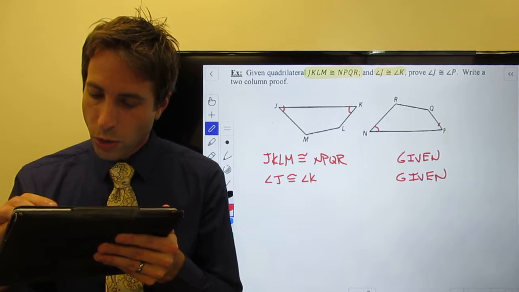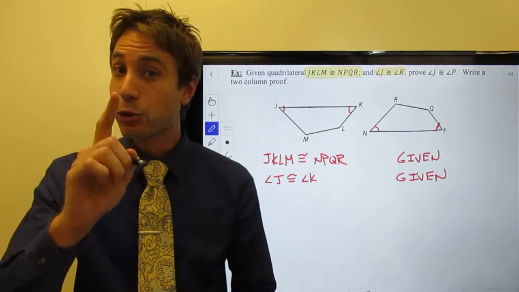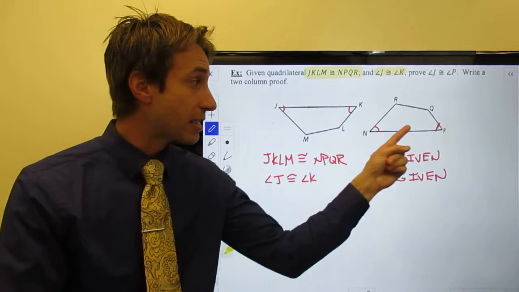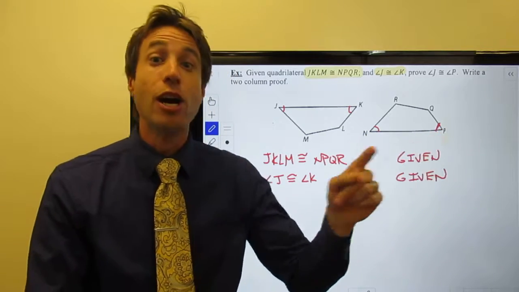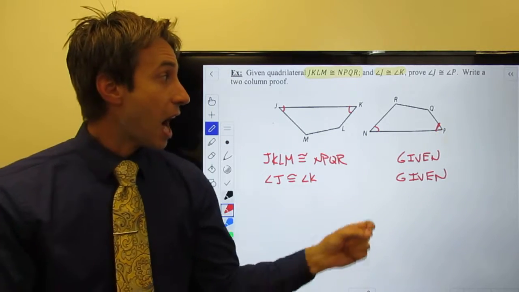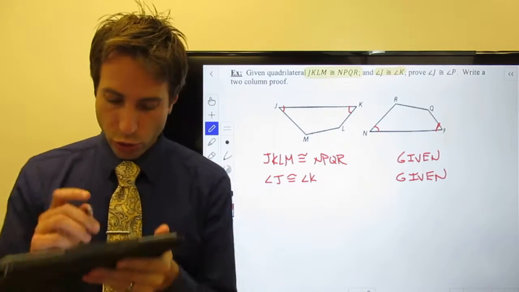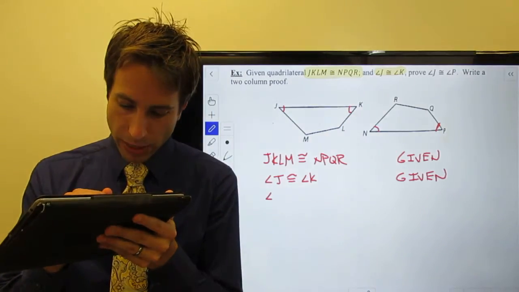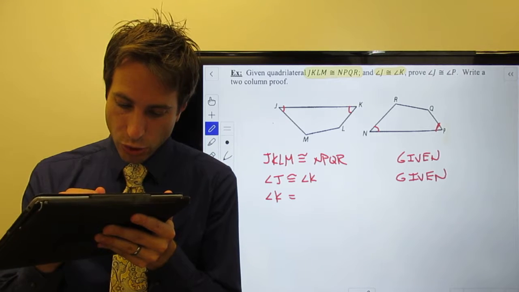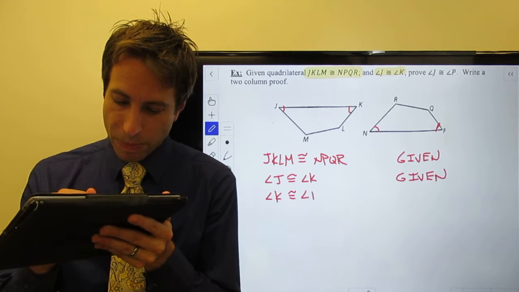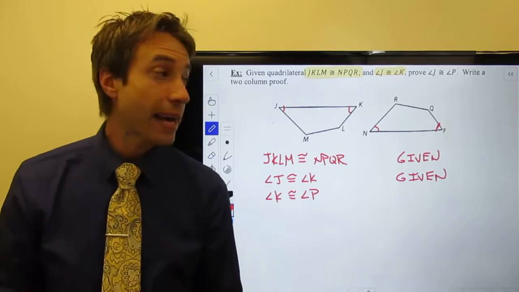Wait a second. I'm trying to show angle J is congruent to angle P. Look at this. I know K and P are congruent. So, angle K is congruent to angle P. How do I know that?